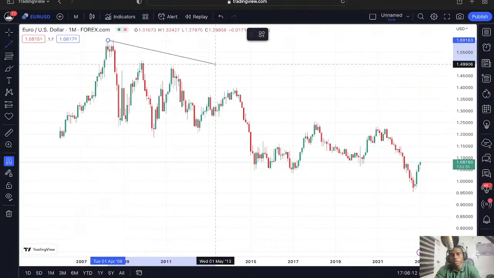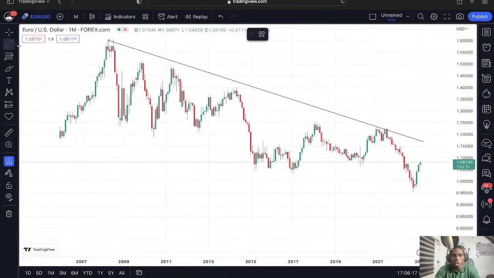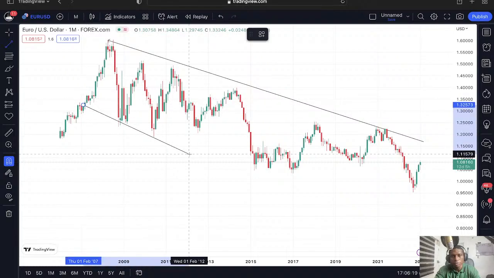Let's do this. First, we want to understand the market structure on EUR/USD.